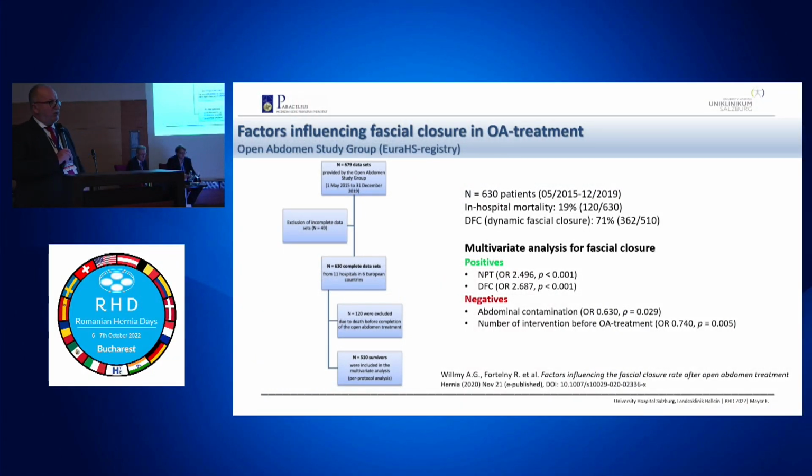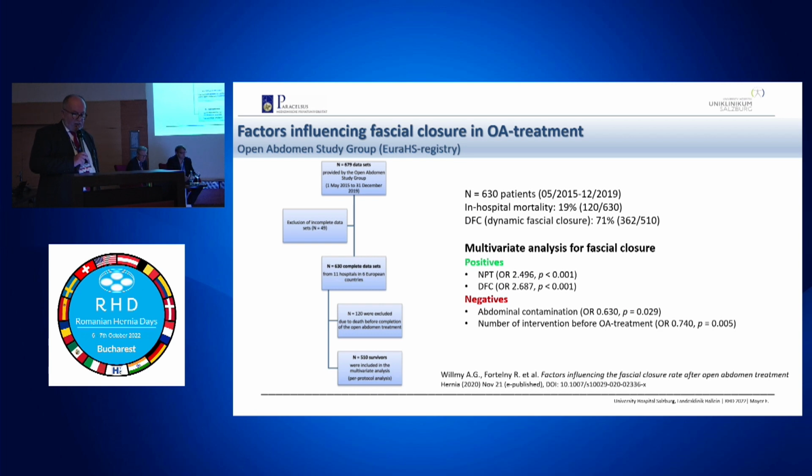Another important question to be answered: what are potential factors that influence the rate of fascial closure in open abdomen treatment? And there's a good study by Willms and Fortelny, which has been published 2 years ago with data from the EuroHIS registry.